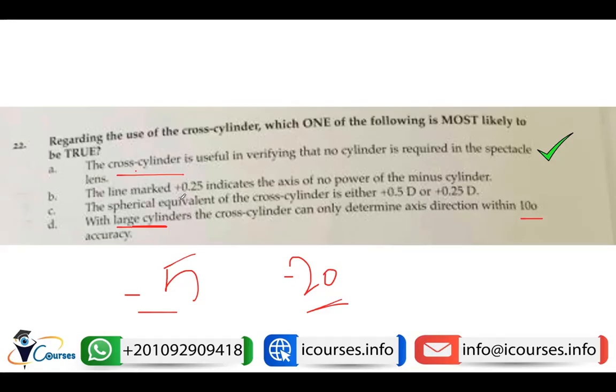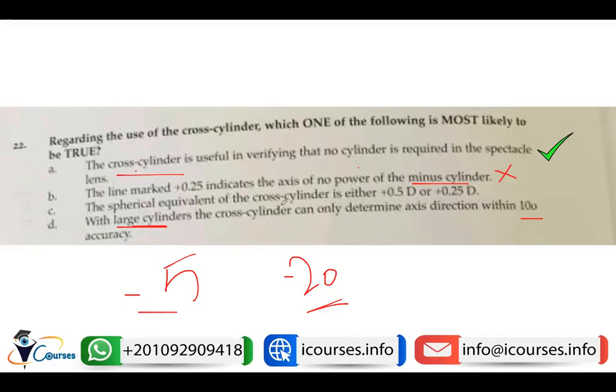The line marked plus 0.25 indicates that this is the axis of no power of the minus cylinder. Again, this is not true. We said that the cylindrical power is actually 90 degrees over the perpendicular meridian. So this is not true.